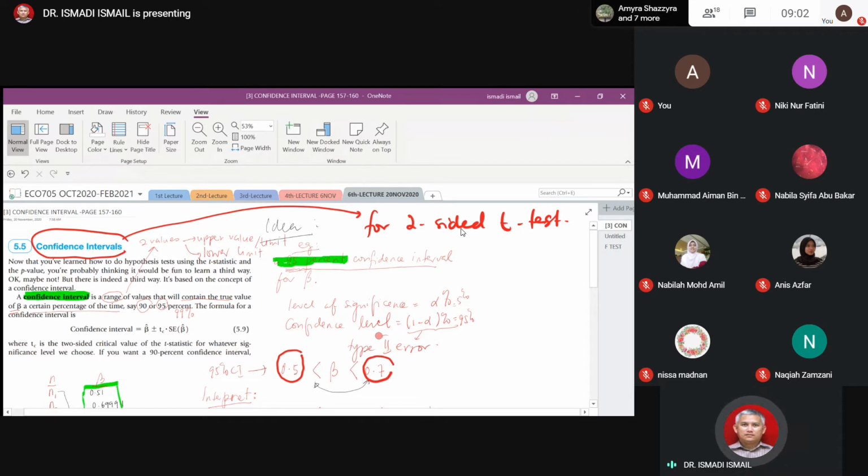So we consider left and right, two sides of the distribution. Therefore, it can be applied only for two-sided t-test, not one-sided t-test.